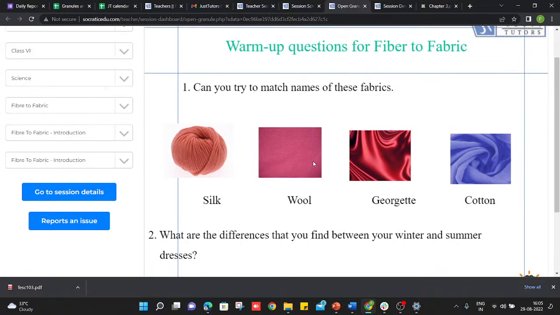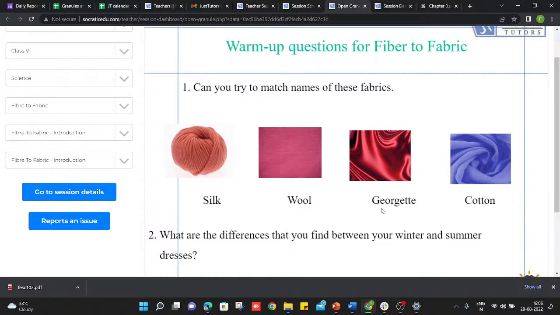Okay, can you try to make the names of these fabrics? Every kind of fabric has a unique look. Sometimes we can just see the fabric and tell what kind of fabric it is.